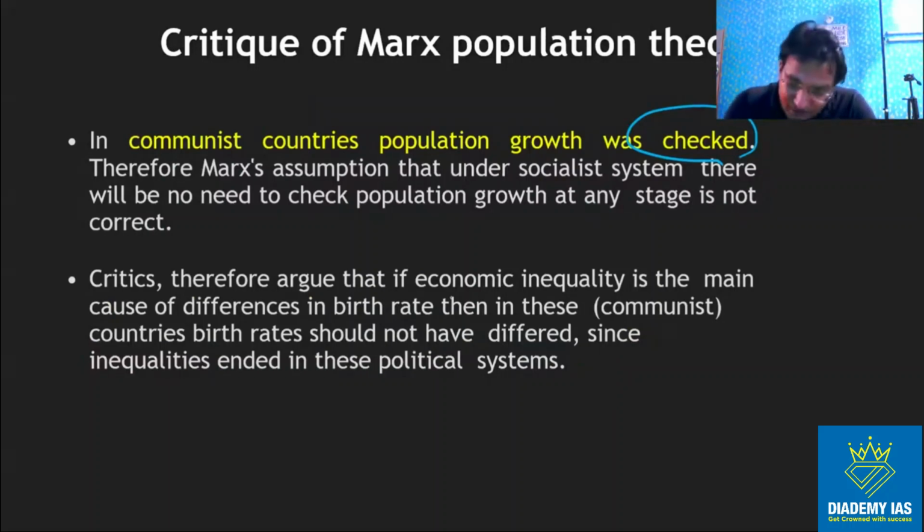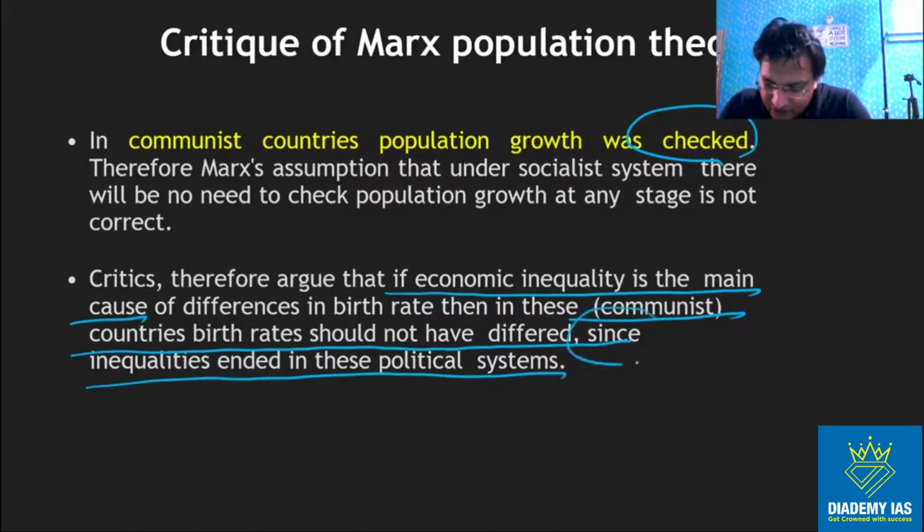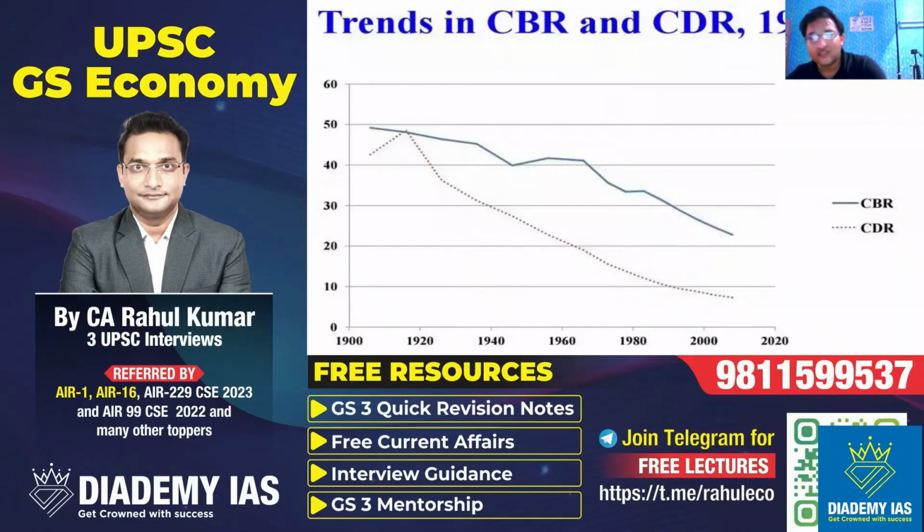Critics therefore argue that if economic inequality is the main cause of difference in the birth rate, then the birth rate in these communist countries should not have differed, since inequalities ended in this political system. ठीक है? तो कम्युनिस्ट सिस्टम में तो इनइक्वालिटी खत्म हो गई थी, लेकिन फिर भी बर्थ रेट अलग-अलग क्लास के अंदर अलग-अलग था.